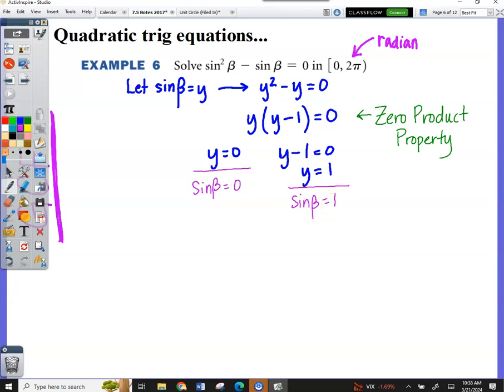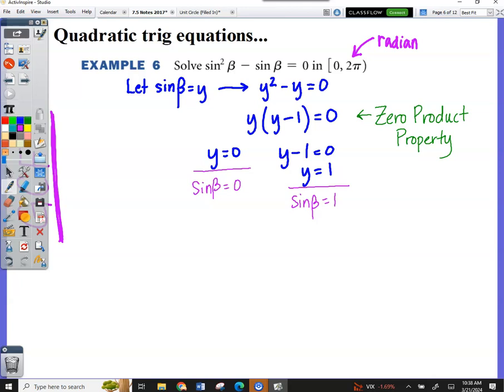This is saying what angle, if beta throws you off, change it to an x, by the way. You can make that an x, like sine of x. But this is saying what angle has a sine value, or the letter y, of 0. What angle has a sine value of 1?